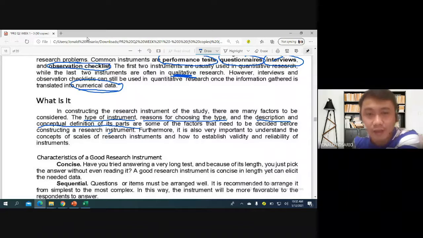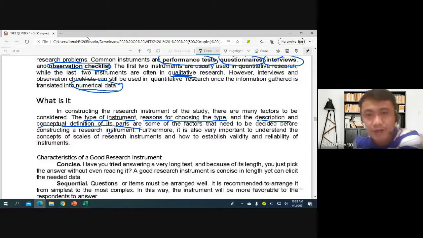Kaya nga instrument, kasi instrumento nyo ito para makuha nyo yung mga data na kailangan sa mga respondents. Nakuha? At ang tool na gagamitin ay yung research instrument. Which is, sa inyong mga studies, ang kailangan nyo ay questionnaires.